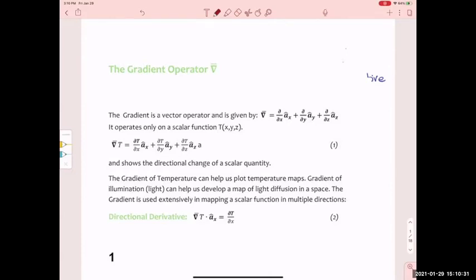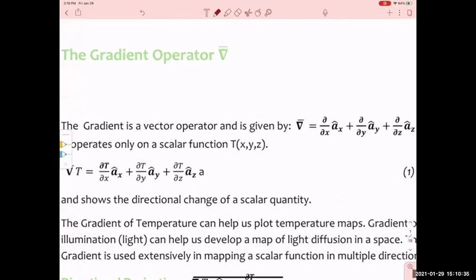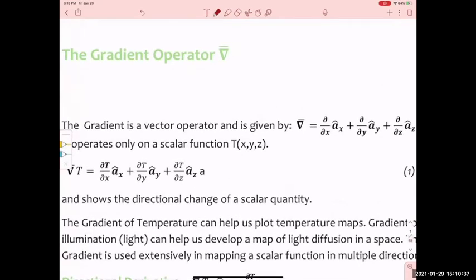So this inverted delta, we call it the del. And the del by itself is a vector. But when the del is utilized, it's an operator, because by itself it does not mean anything, all right? So operators are entities which we use in mathematics.